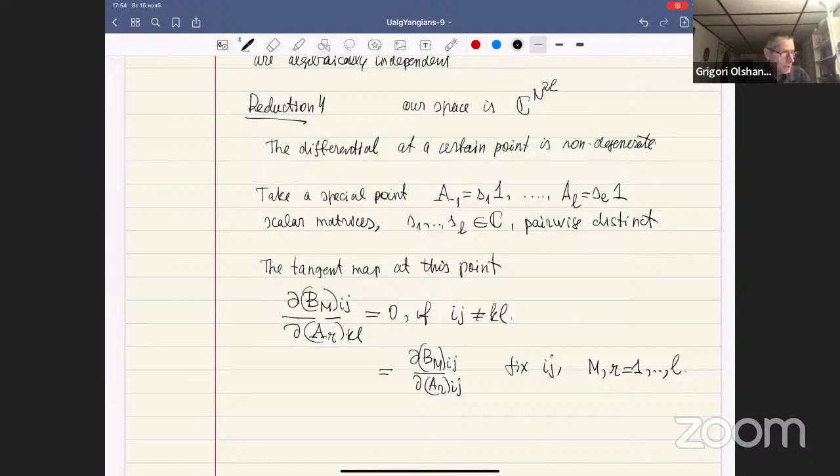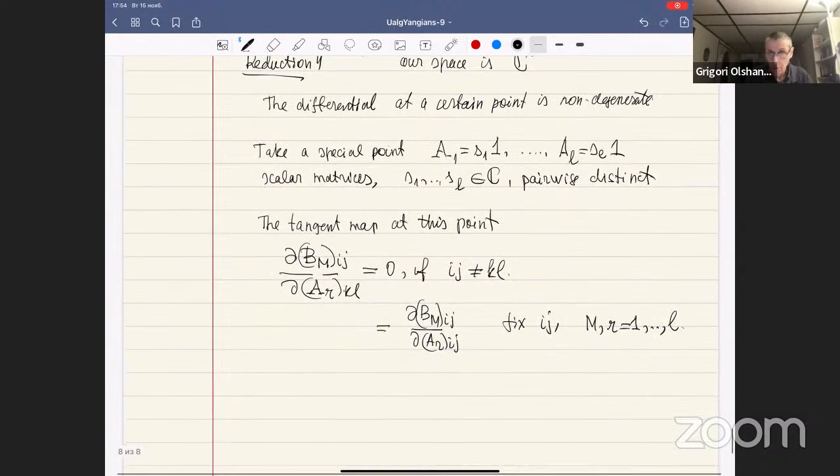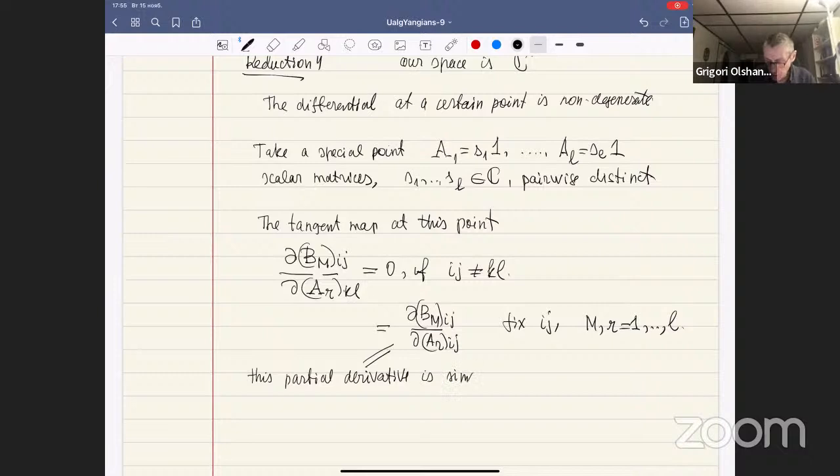And the idea is that this derivative is simply the elementary symmetric polynomial in these variables with the R variable excluded.